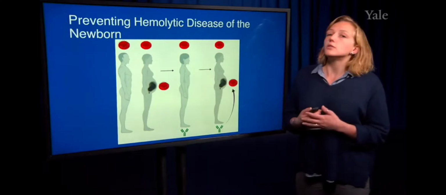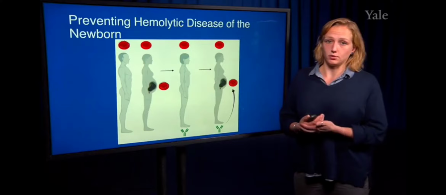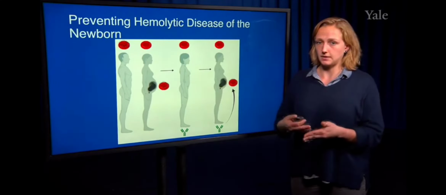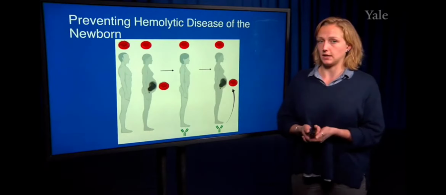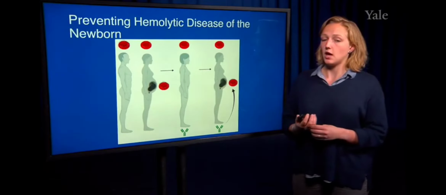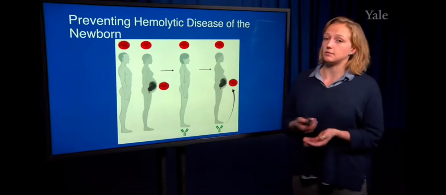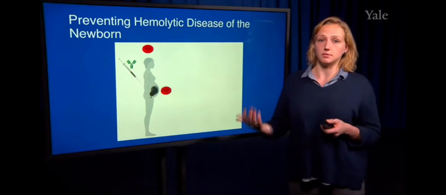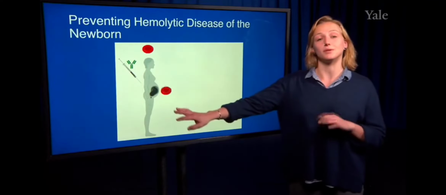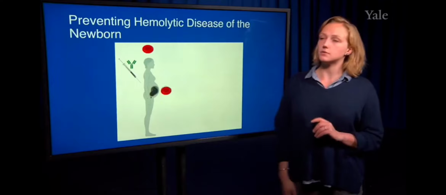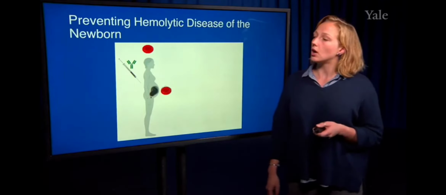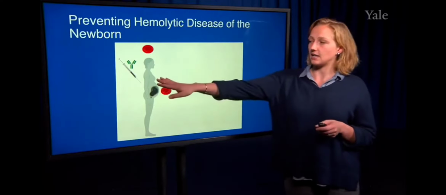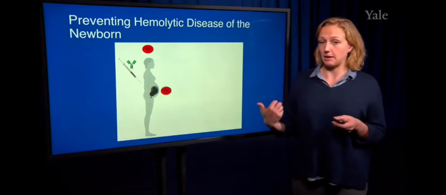Now, given the property that I told you before, that passively transferred antibodies will prevent the induction of an immune response against a secondary infection, you can use this to prevent hemolytic disease of the newborn, such that if there was a woman who was Rh negative, who was pregnant with a child that is Rh positive, her physician can actually give her Rh-specific antibodies intravenously, so this is passive.